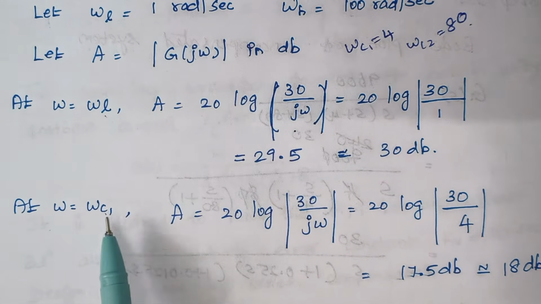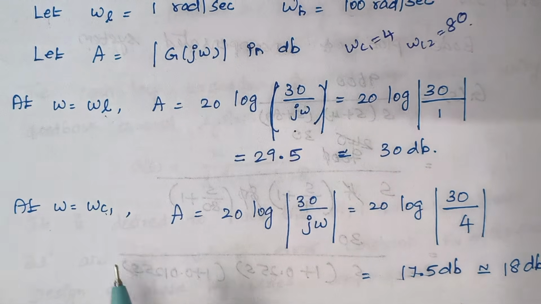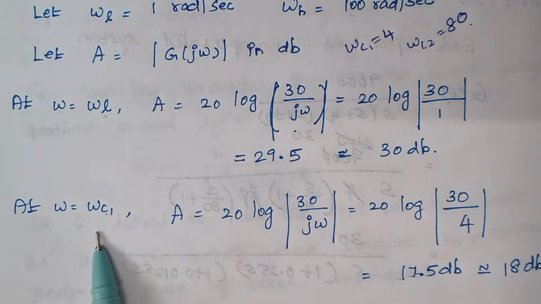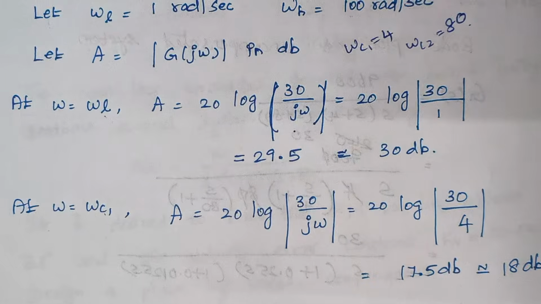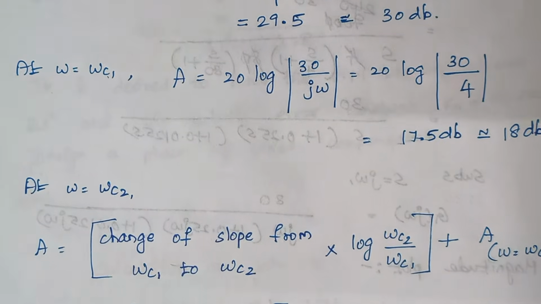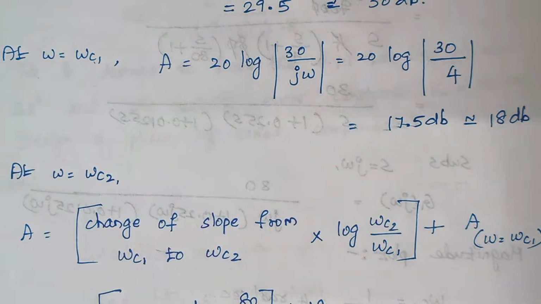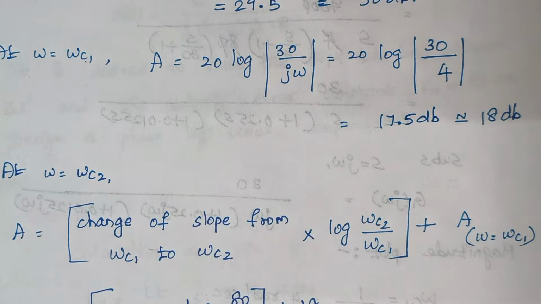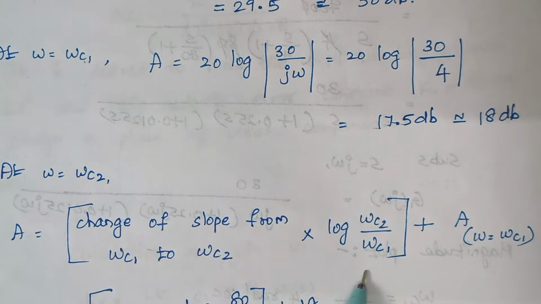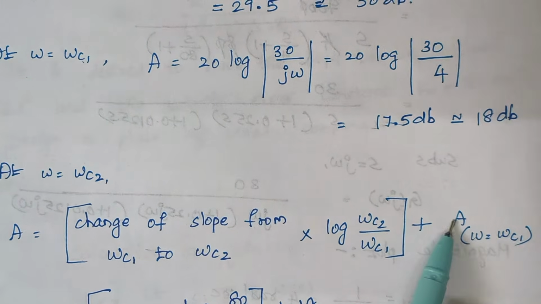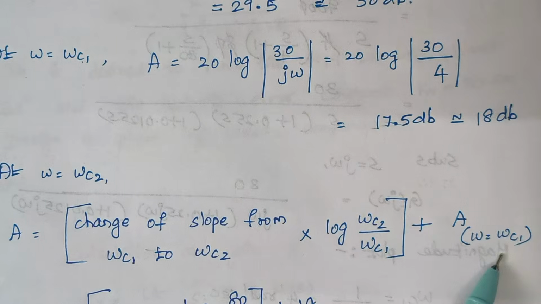And at omega equal to omega C1, again the value of omega C1 is 4. So just substitute and find out its value. It is 18 dB. And next one at omega equal to omega C2, here it is like a formula: change of slope from omega C1 to omega C2 into log of omega C2 by omega C1, plus the value of A when omega is omega C1.